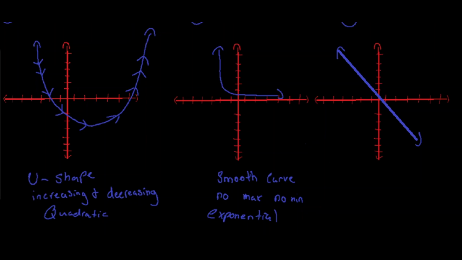So this has to be an exponential function. And finally, for question 3, we see it's a straight line and that there is no maximum or minimum. So this function has to be a linear function.